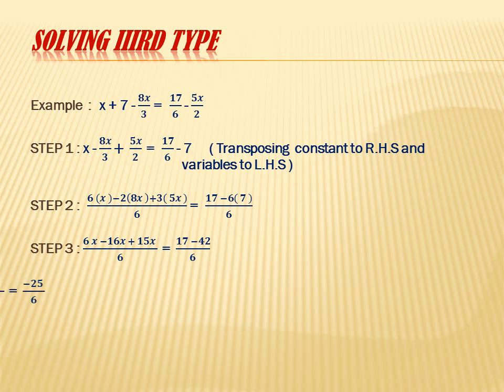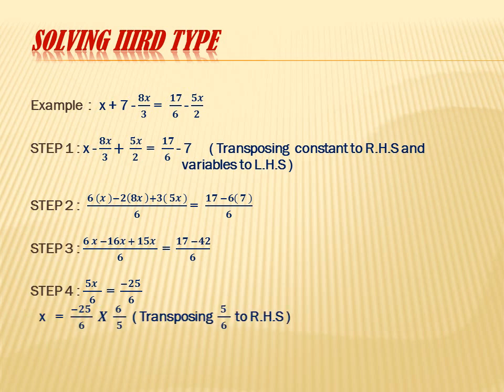In the next step, we will simplify it and we will get 6x minus 16x plus 15x, and here we will have 17 minus 6 into 7, and that is 42. Further simplifying it, we will get 5x by 6, as 6 minus 16 will give you minus 10. Minus 10x plus 15x will give you plus 5x by 6, and there minus 25.